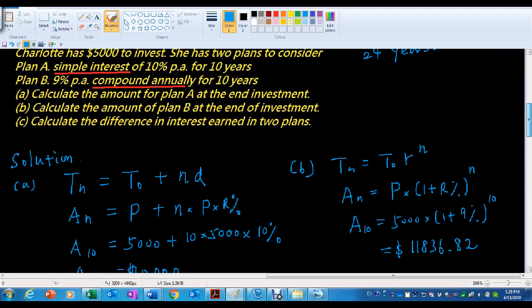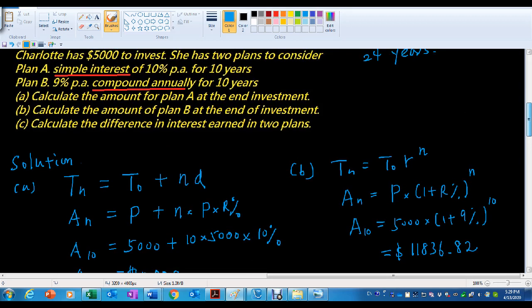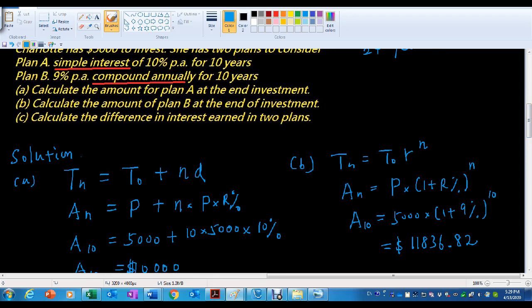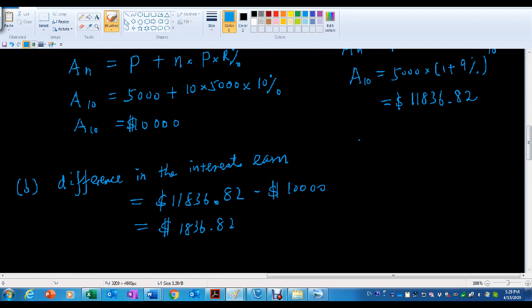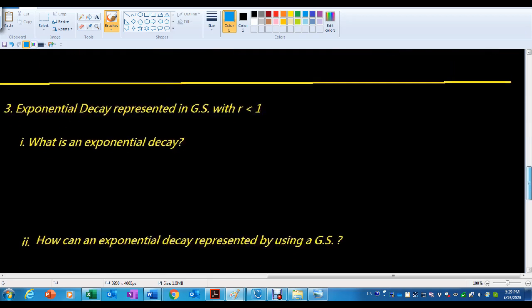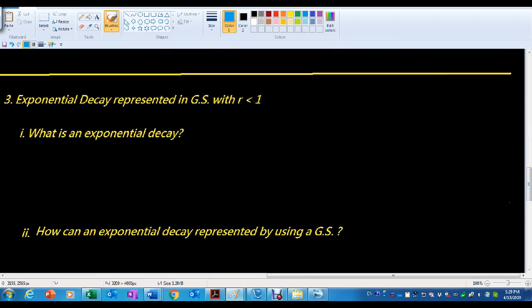So remember, compound interest is what we call a type of exponential growth. So exponential growth means the quantities increase at a constant percentage for each fixed period of time. So how about if that quantity is not increasing but decreasing? Then we call them exponential decay. So what's an exponential decay?